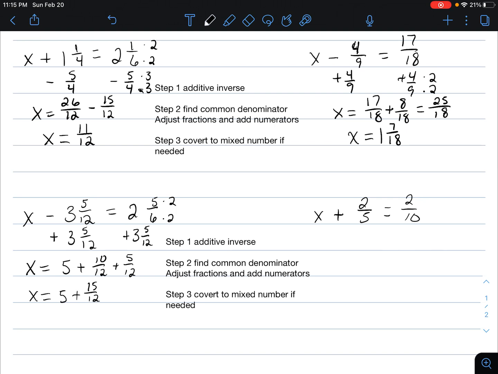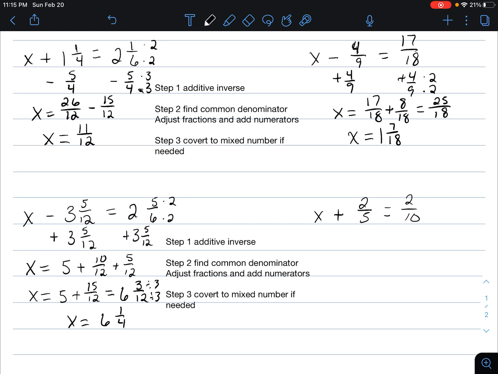So x is going to equal 5 plus 15/12. 15/12 is equal to 1 and 3/12. So the 1 and the 5 becomes 6. So 6 and 3/12. And 3/12 can be simplified. You can divide both those by 3, leaving you with x is equal to 6 and 1/4. 3 divided by 3 is 1. 12 divided by 3 is 4.